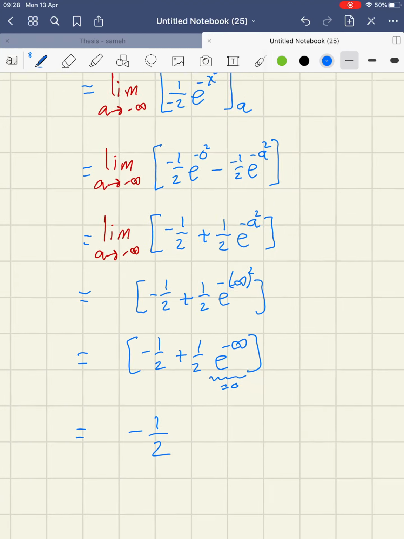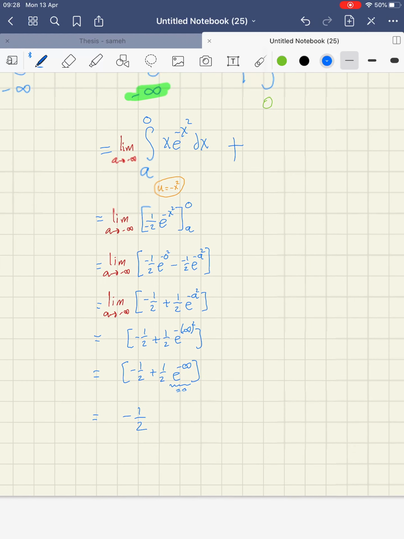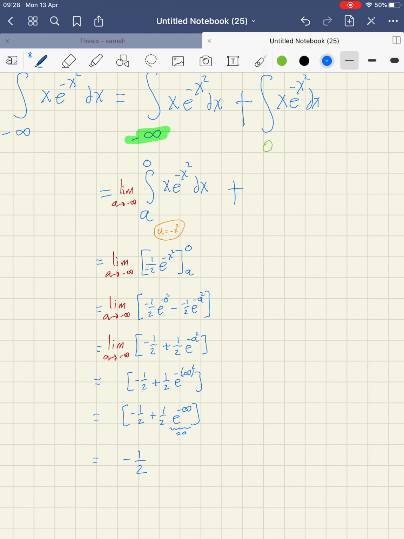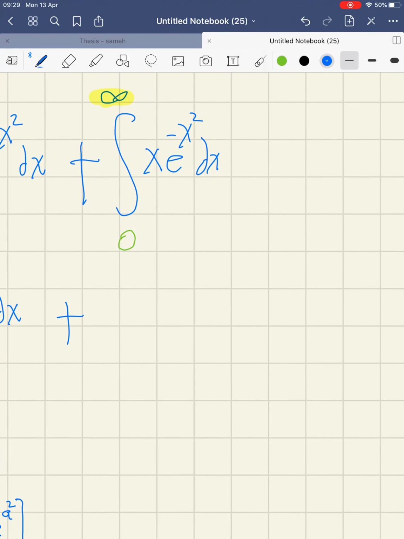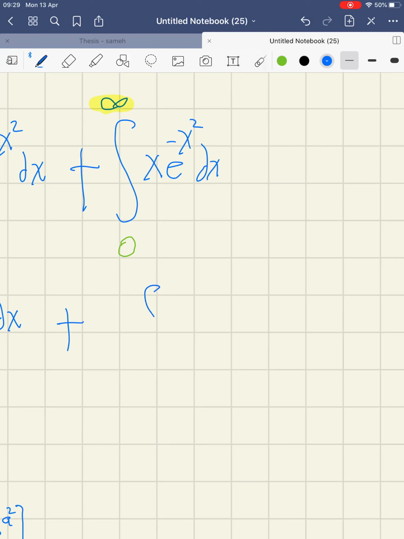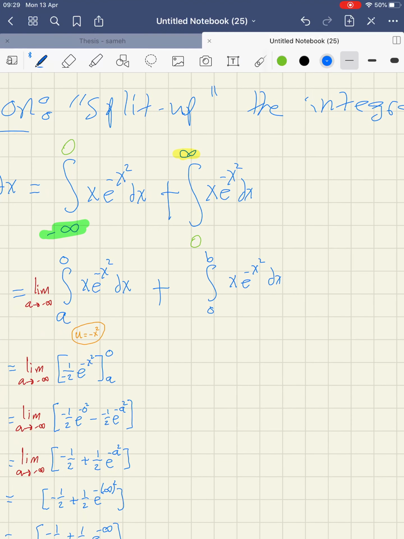Are we done? No, we are not done because there is another branch here we didn't do yet. So let's do that one. And that one is easy because it's exactly the same as what we just did, from 0 to b, x e to the negative x squared dx. So it will be plus, same thing.